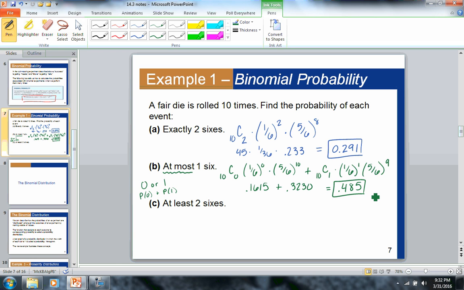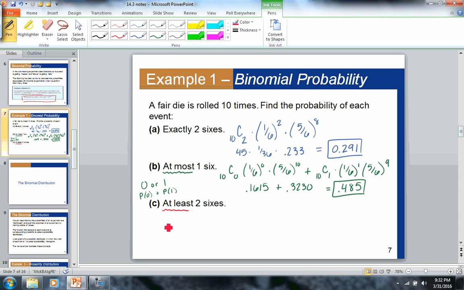Okay. And then our last one here, the probability of rolling at least 2 6s. Now the key phrase here is at least. Up above, we had the calculation where we found exactly 2 6s.